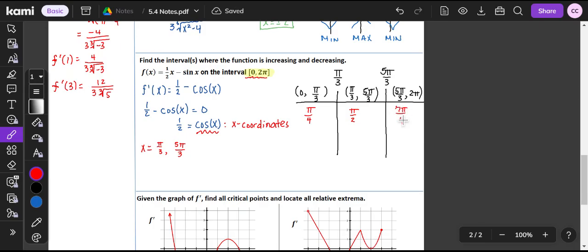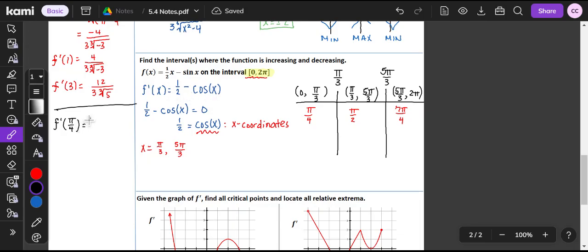Okay, now I'm going to do my test values. I'm going to plug them into the derivative. So when I do that, I'm going to take f prime of pi over 4 for my first test, and I'm going to plug it into this function right here.